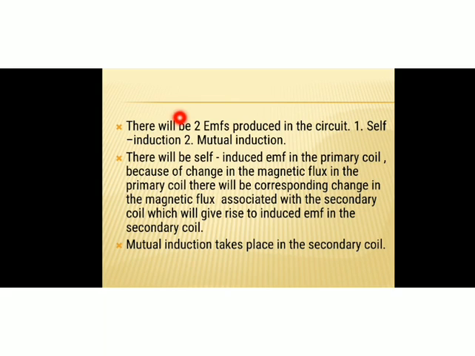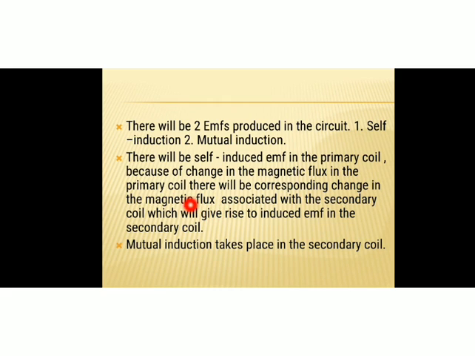So, there will be two EMFs produced in the circuit. One is self-induction and the second one is mutual induction. There will be self-induced EMF in the primary coil because the magnetic flux associated with the primary coil changes due to the current flowing through the primary coil itself. And whenever the magnetic flux associated with the primary coil changes, the magnetic flux associated with the secondary coil also changes because it is kept close to the primary coil.